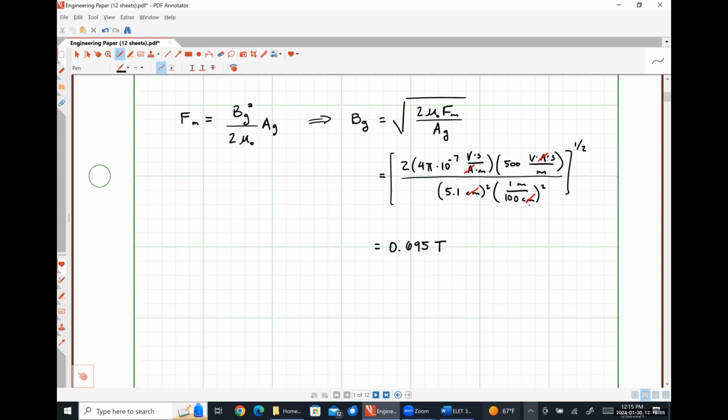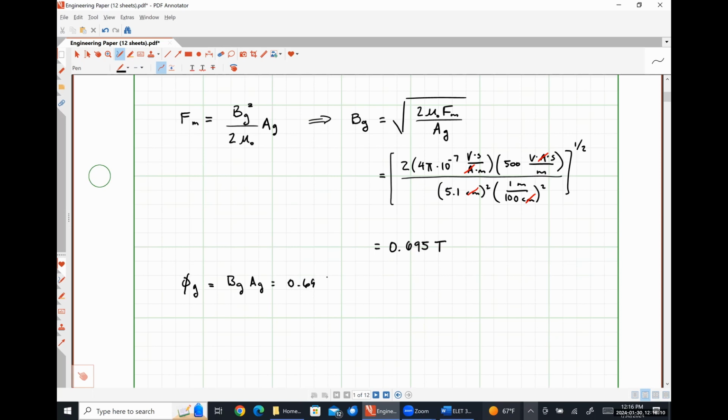From here, my magnetic flux in my gap is just going to be my magnetic flux density times the area of my gap, right?